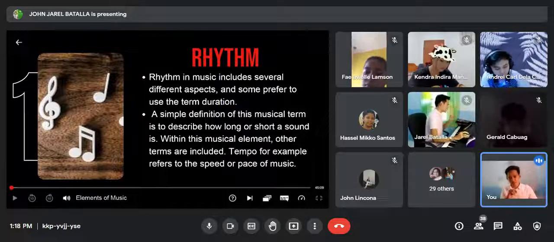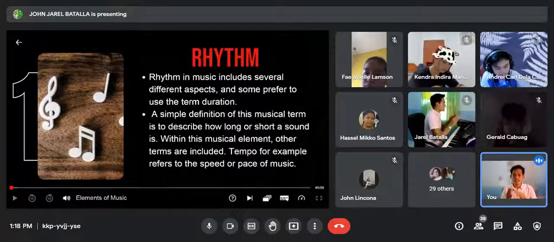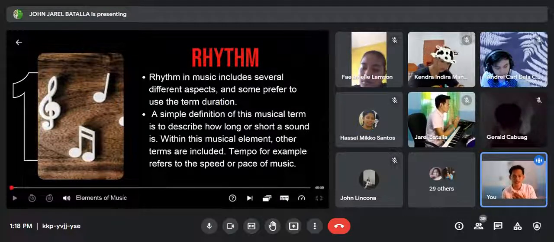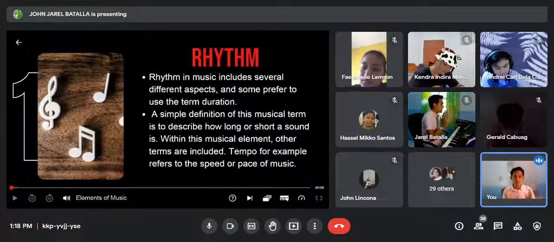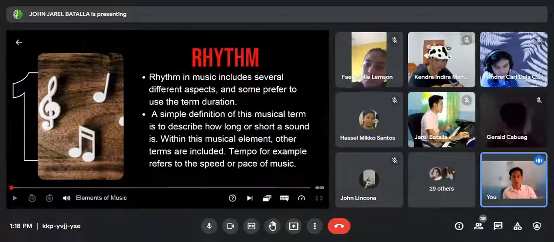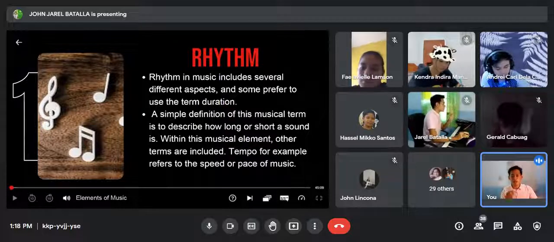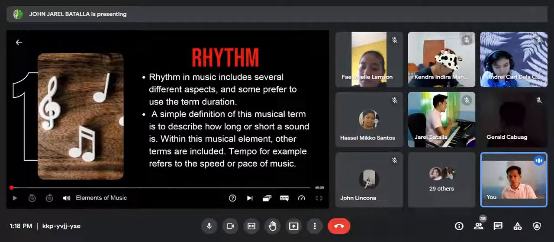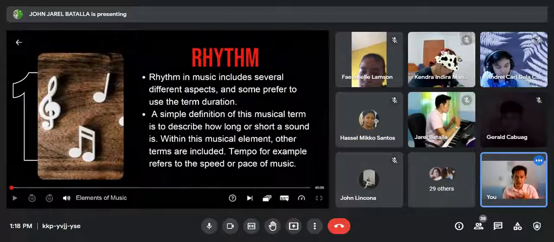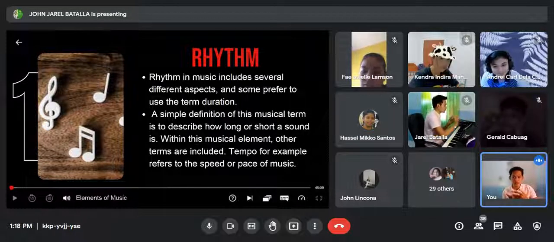Also, class, please take note that the rhythm is the repeated pattern of notes or rests or combined within a measure. And it has something to do with the time signature. For example, if the time signature is 4/4, the beats per measure is only 4. It is like you are counting 1, 2, 3, 4, 1, 2, 3, 4.